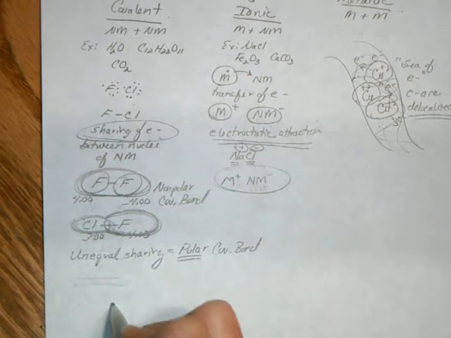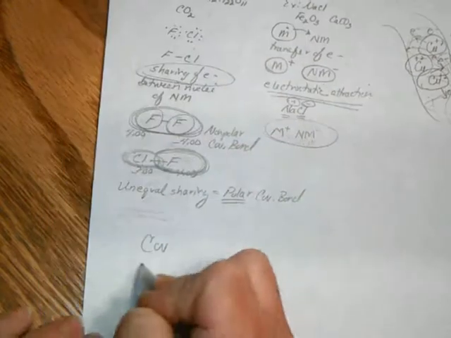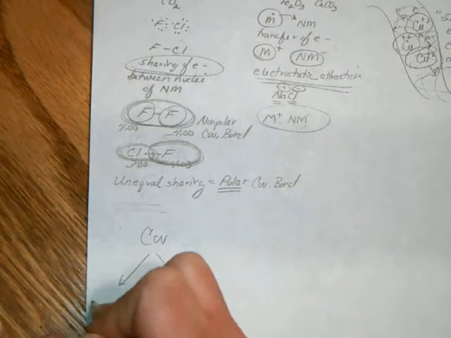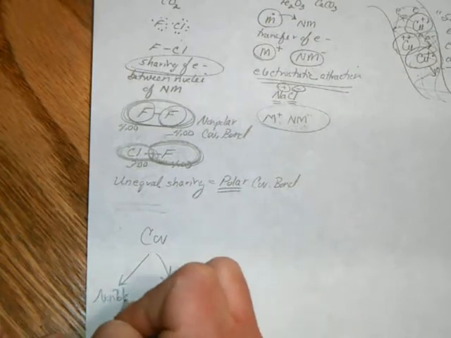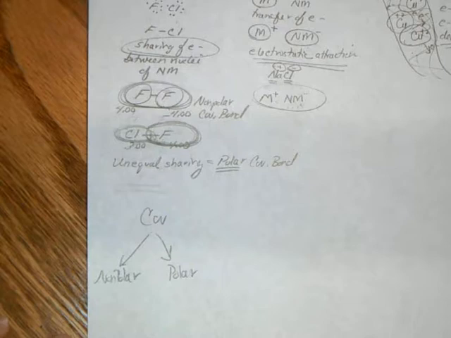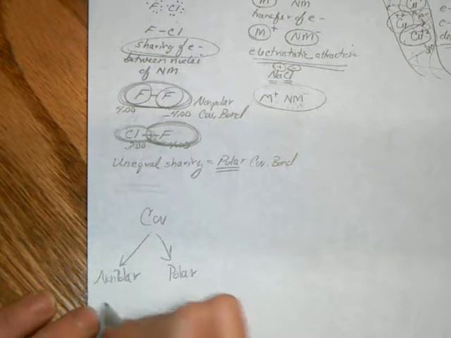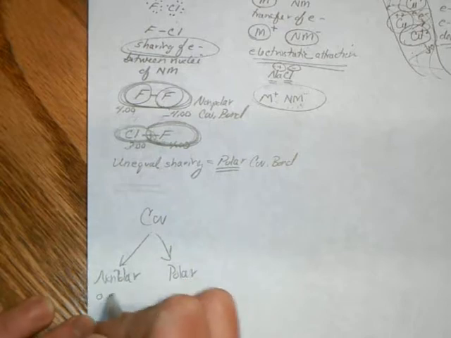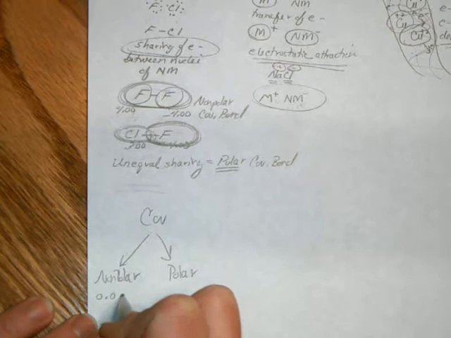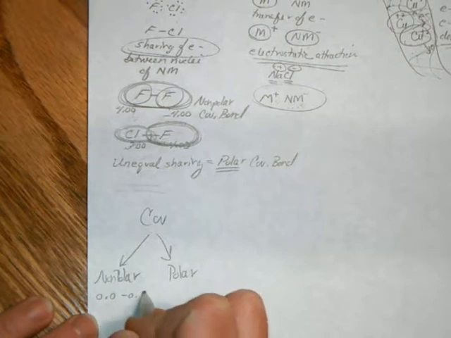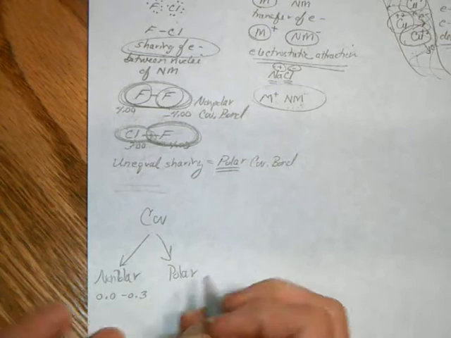So, of our covalent bonds, there are actually 2 more branches, polar versus nonpolar. Now, as far as electronegativity differences go, if our elements have a difference in electronegativity of 0.0 up to 0.3, then it's nonpolar.